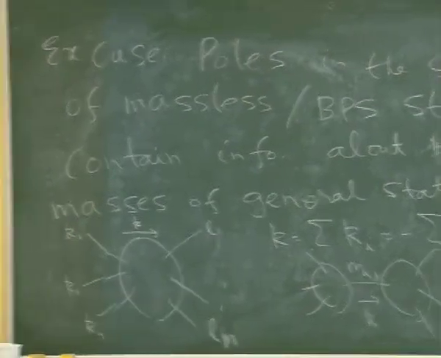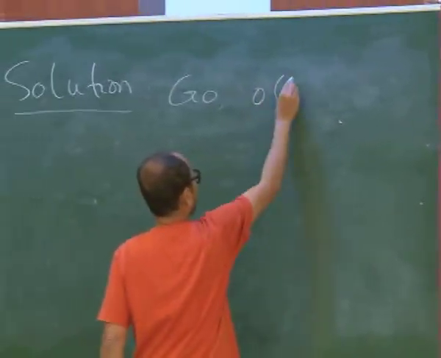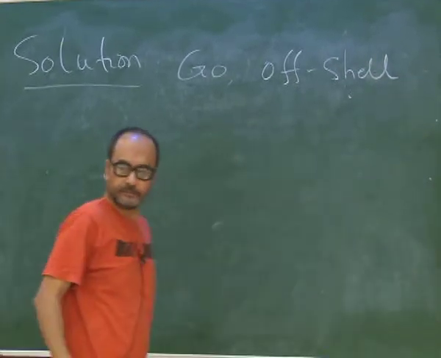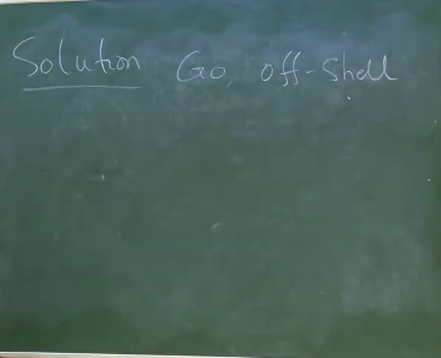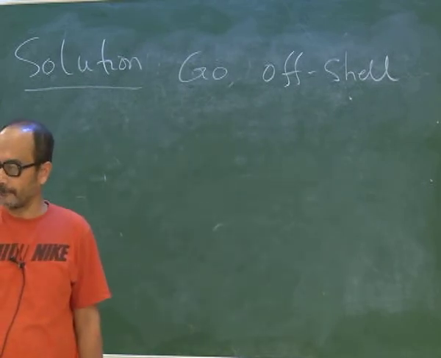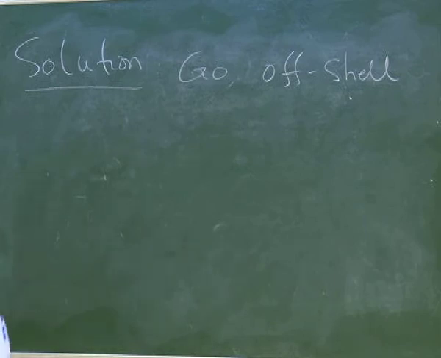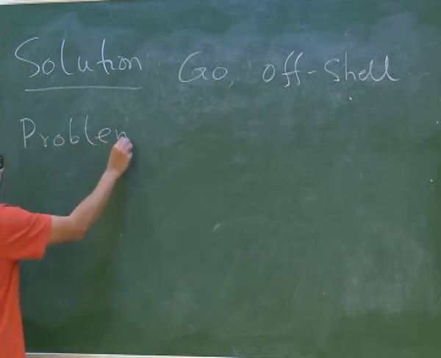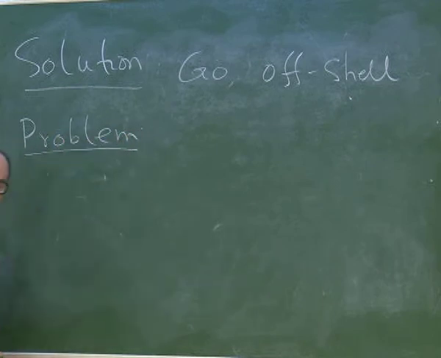Okay. So the solution is to go off shell. You generalize Polyakov prescription to compute off shell amplitudes. Now of course, the reason that people don't talk about off shell string theory is because it has various problems. Otherwise, people could formulate string theory off shell from the beginning.